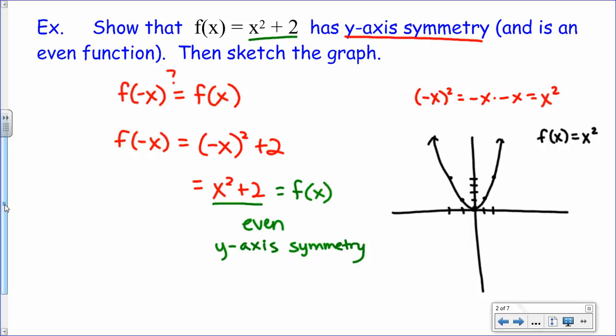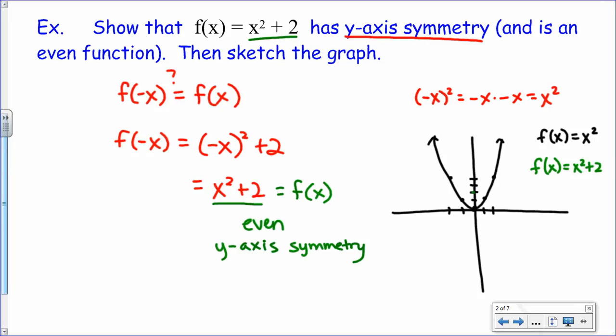Now let's look at x squared plus 2. Who remembers, what is this plus 2 going to do to this graph? Yep, it's going to move up 2. The whole graph is just going to move up 2.